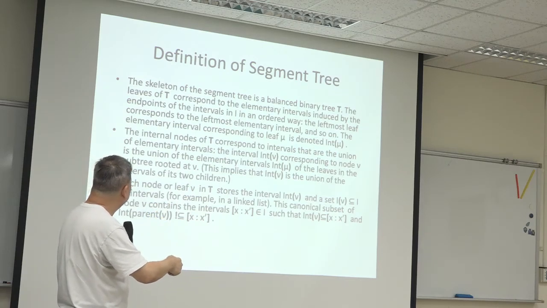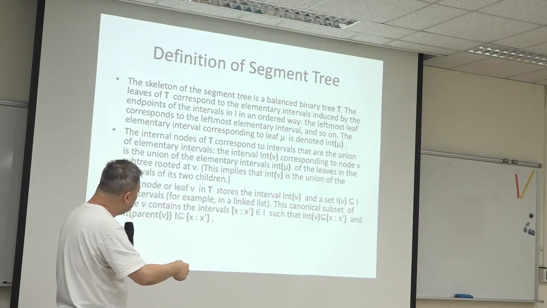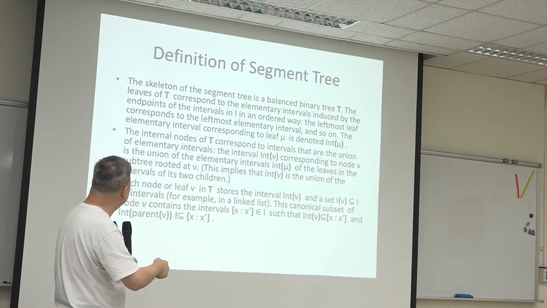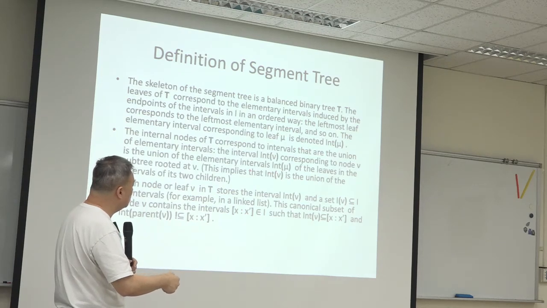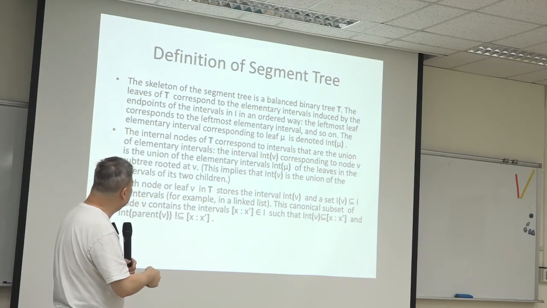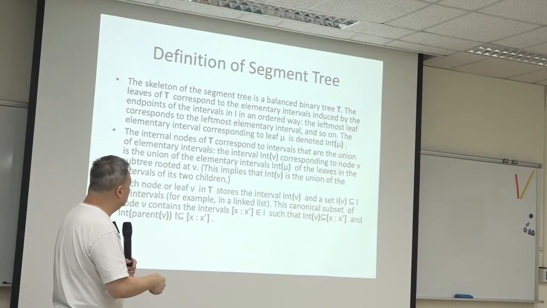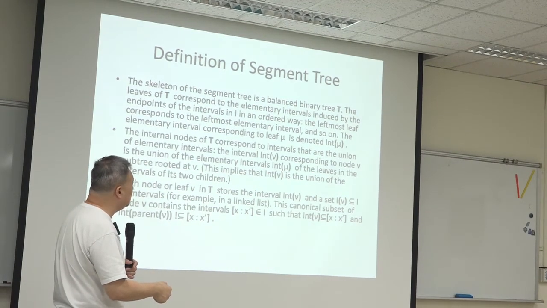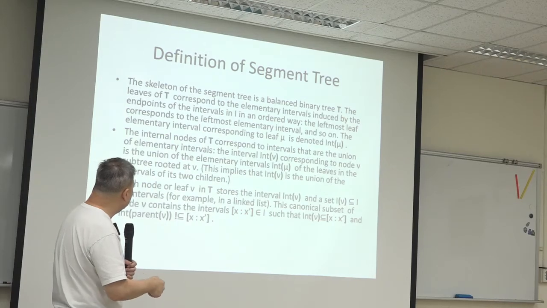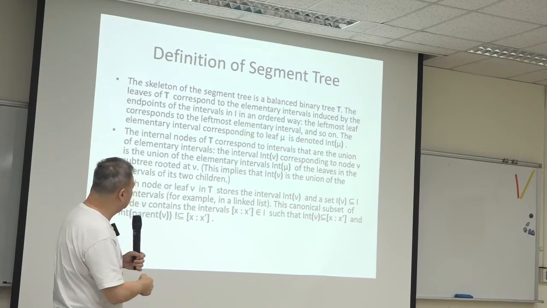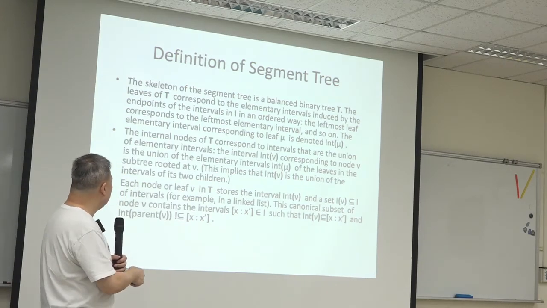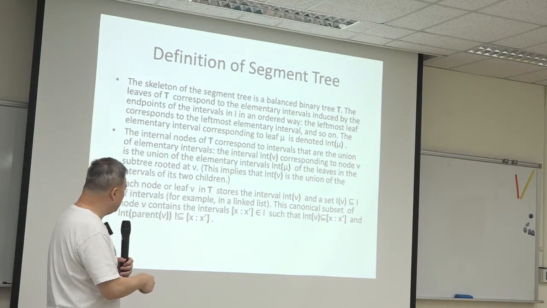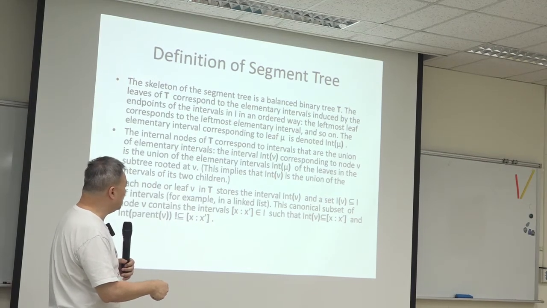So the interval Int(v) corresponding to node v is the union of the elementary intervals Int(mu) of the leaves in the subtree rooted at v. Obviously Int(v) is the union of the intervals of its two children, because we are talking about a binary tree anyway. So each node or leaf v in T stores the interval Int(v) and the set I_v.